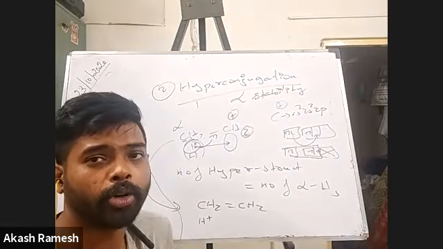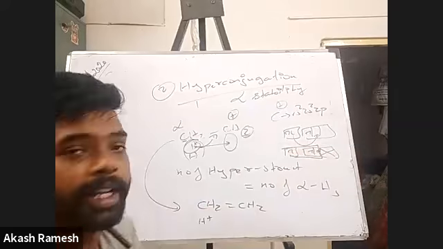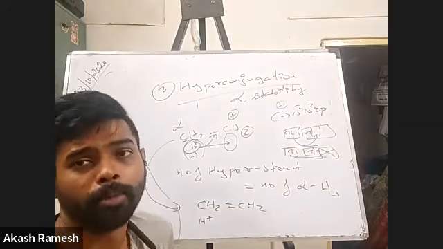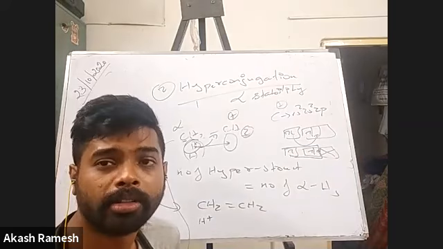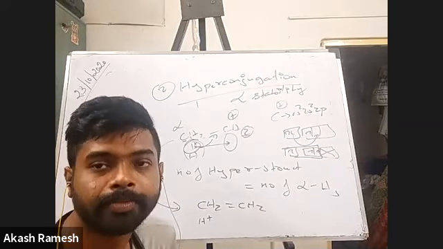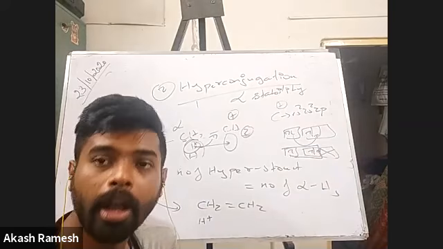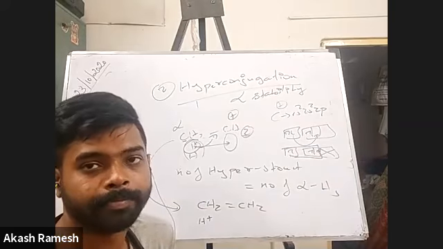I told you that the more hyperconjugating structures, the more the stability. So indirectly, the more alpha hydrogens, the more the hyperconjugation, and the more the stability.